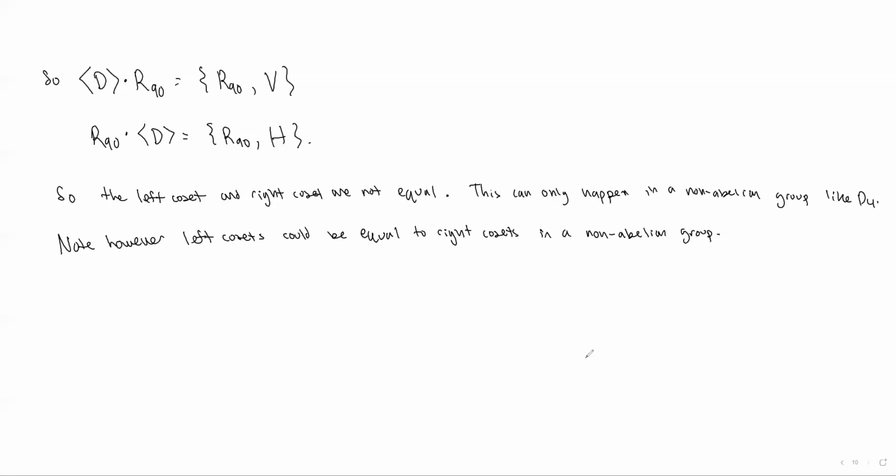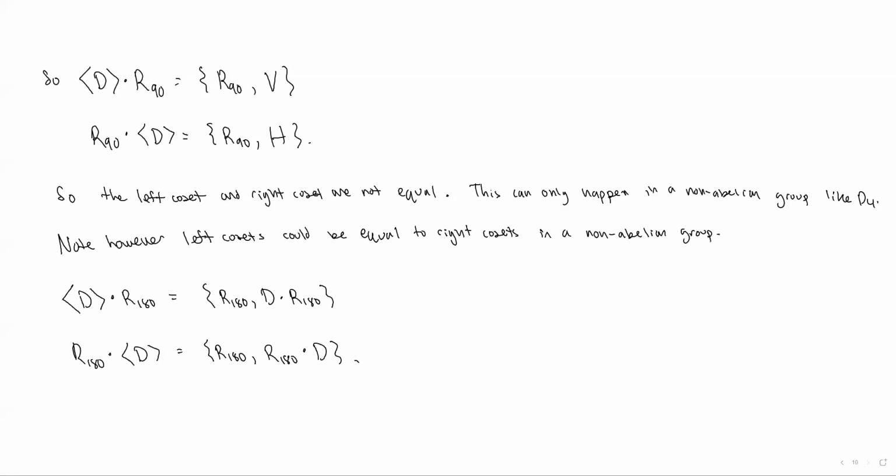So again, we'll use the same example, but instead of R90, we use R180. So D times R180 is R180 and this, whereas R180 times the subgroup generated by D is R180 again, but then R180 times D instead. With the R90 case, it was the same.